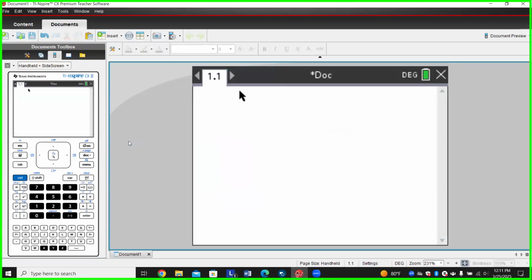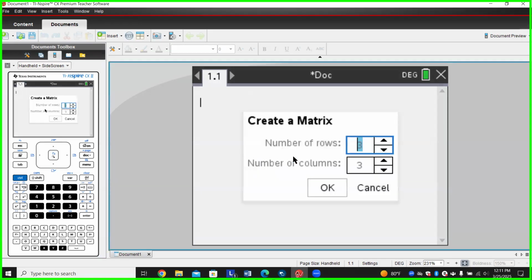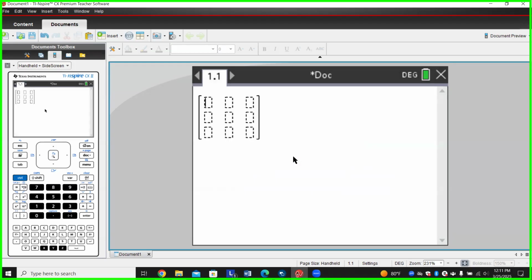We did find an easier way rather than going to menu, but you can still use that. Ari found that you can go to the button next to the 9 and then just choose the 3x3 matrix. This is a 3x3 matrix, so make sure you type in the right number of rows and columns. Once you have that, just hit enter and then type those numbers.